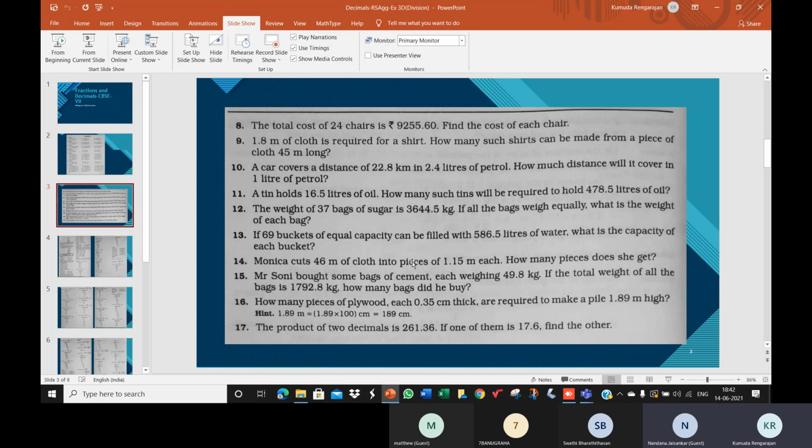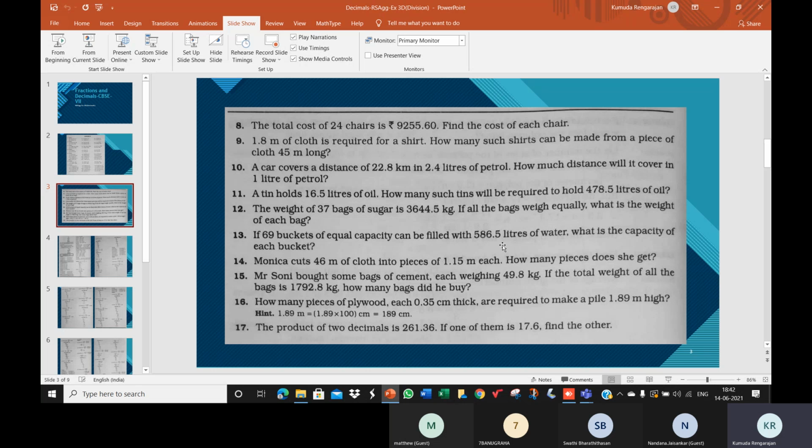Now children, because it is division, still read the problems. Please understand it is division. Don't just divide because these are all division-based sums. Say in question number 13, 586.5 divided by 69. What is the rule?